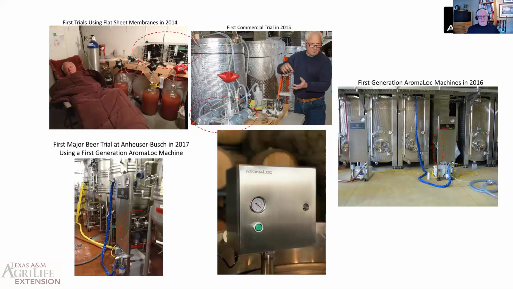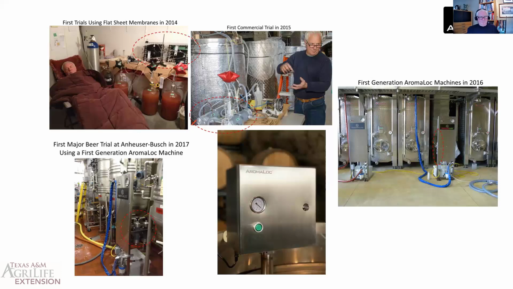It's small, weighs less than 20 pounds, and it can sit on a tank of up to 5,000 liters size. So our little machine that we have now is kind of restricted to fermenting wine volumes up to about 5,000 liters.